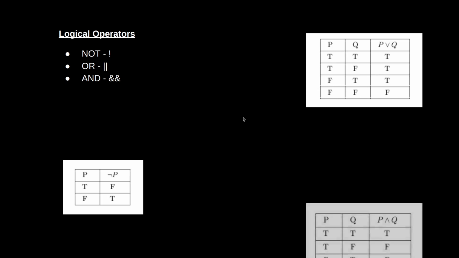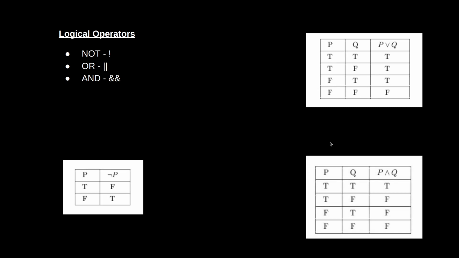AND is different from OR: both of the statements P and Q should be true for P AND Q to be true, and in the rest of the cases it is false. If we understand this, we can write if else logic accordingly. We can write multiple statements based on OR and AND to meet our goal, or whatever we are trying to solve using a C program.